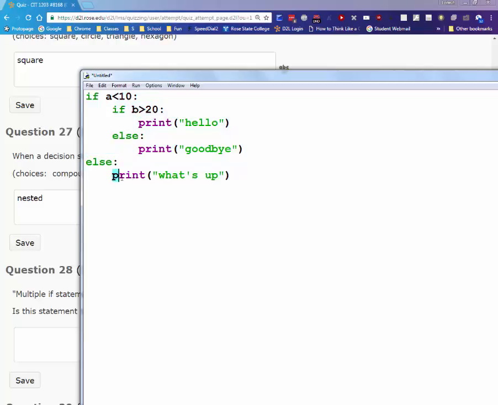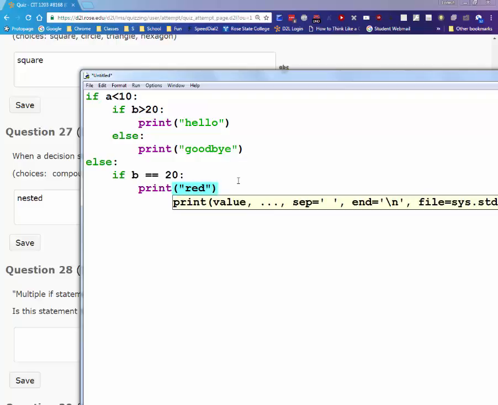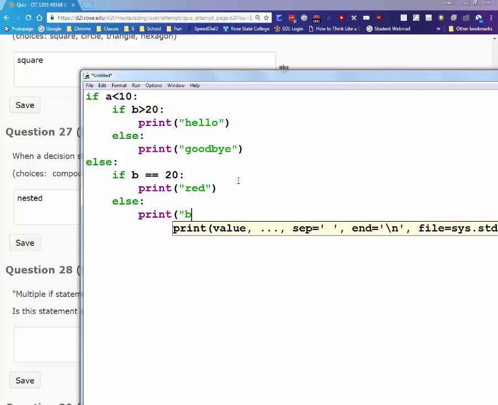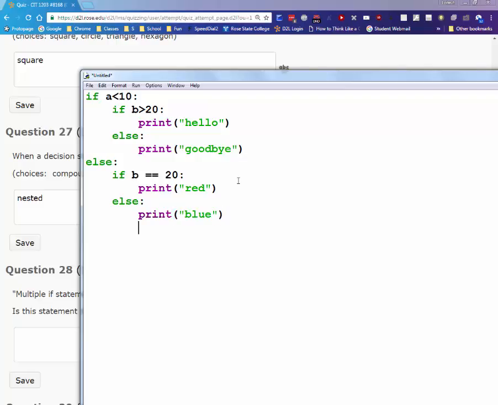And we could nest another if down here inside the else. If b is equal to 20, whatever, then do something else. Print red, else, print blue. So that's a nested if. And you can see that this if is nested within the else block, and this if else is nested within that if.